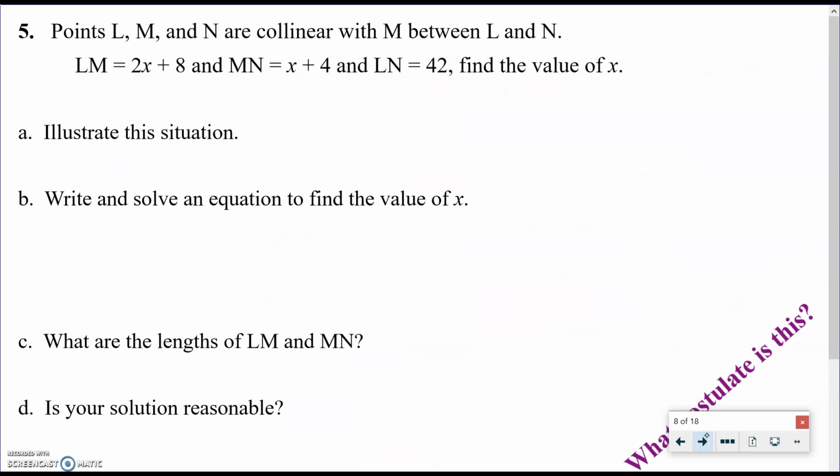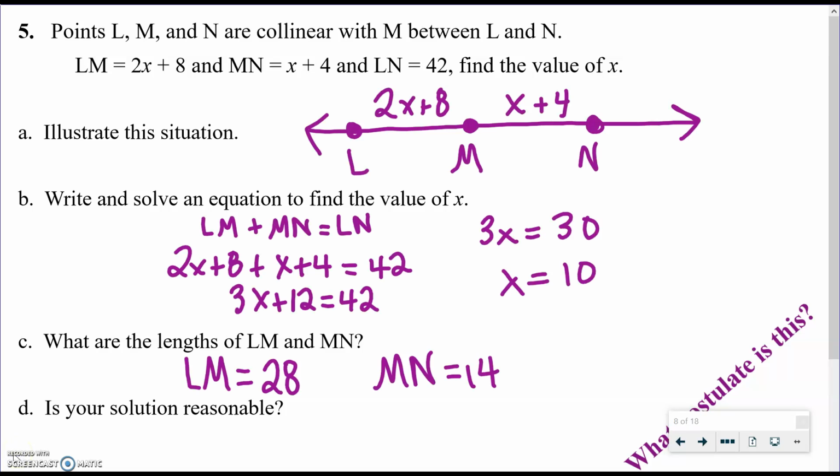Okay, I'm going to give you a minute, and I would like you to try to answer these questions on your own. So pause for a minute, and then when you're done answering A, B, and C on your own, look at my answers and see if yours match. Okay, look at your diagram. It should look something like mine. And then you should have written the equation LM plus MN equals LN.